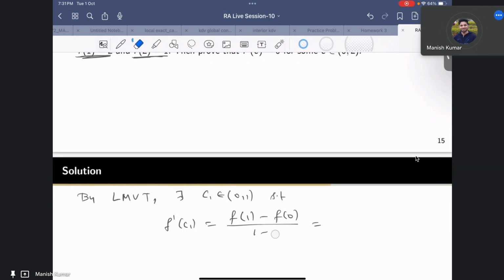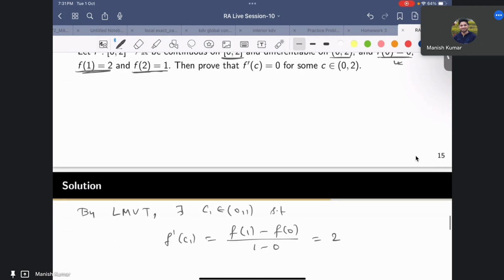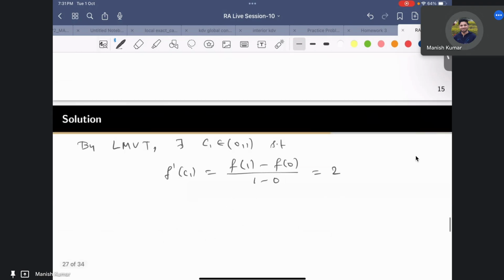So this is 2. Now again, by LMVT, there exists some c2 in 1 comma 2, such that f prime at c2 will be equal to f2 minus f1 upon 2 minus 1.